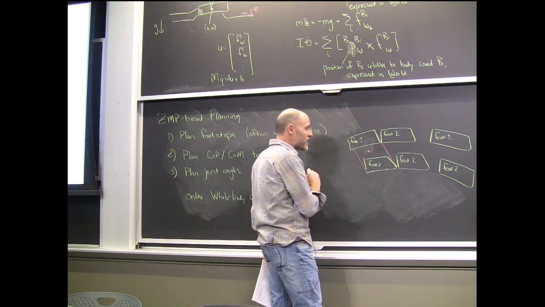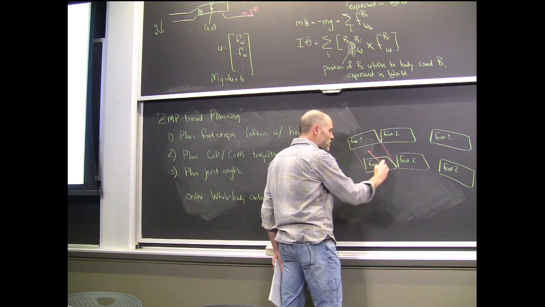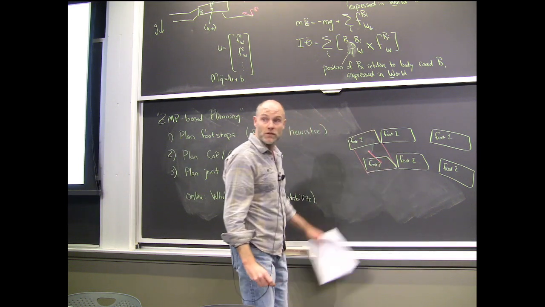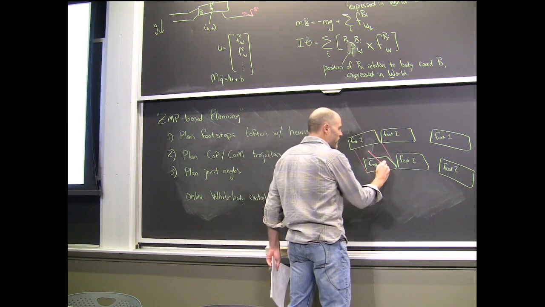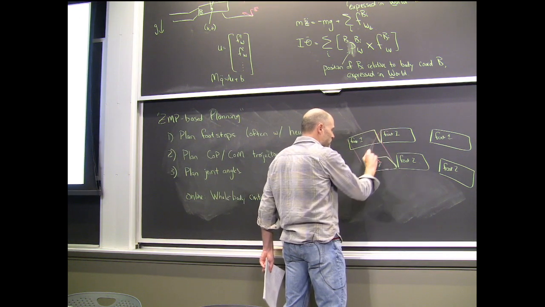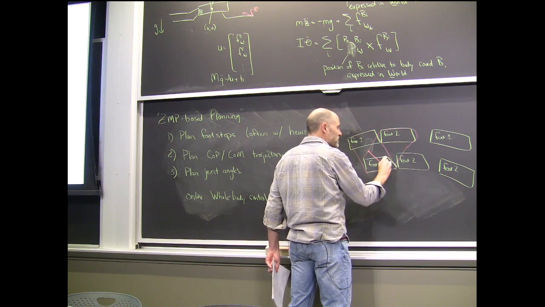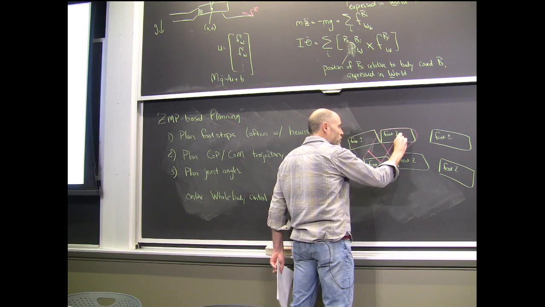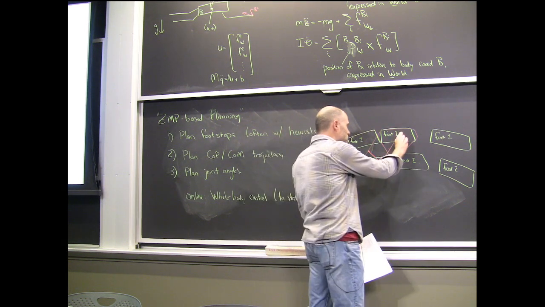So I'm going to write a simple heuristic plan saying I'd like my zero moment point to go inside foot 2, somewhere in the middle of foot 2, so I can lift up foot 1 safely. Then I'm going to have a support polygon that looks like this for a little bit. That gives me the ability to safely move my zero moment point over into foot 1. Then I could pick up foot 2.